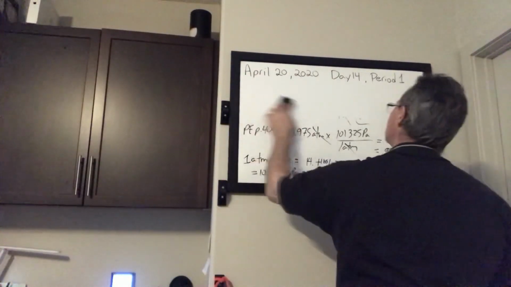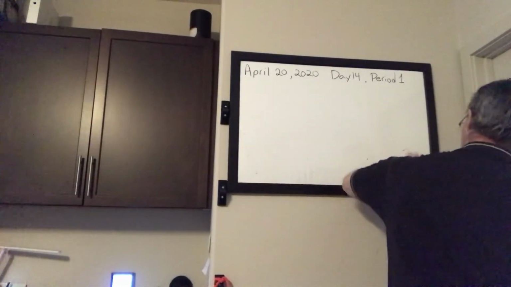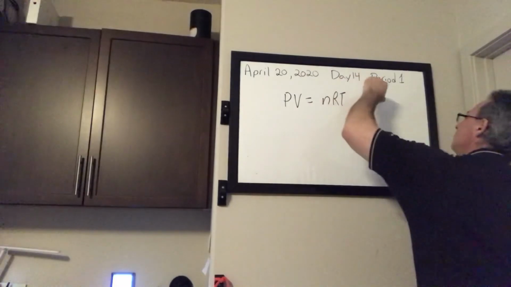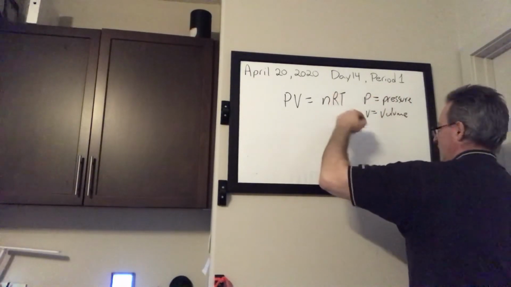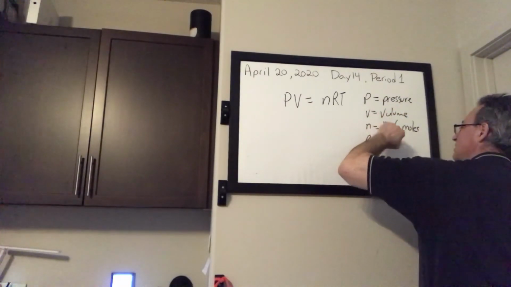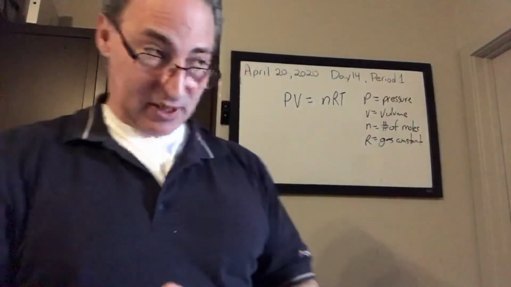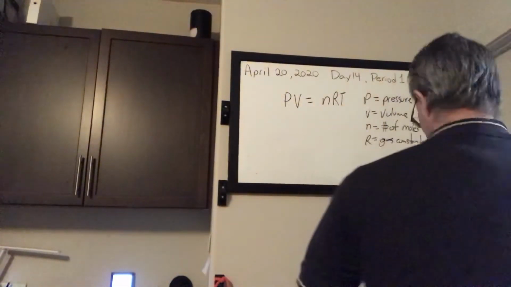So the ideal gas equation is this: PV equals nRT, where P is the pressure exerted by the gas, V is the volume the gas occupies or is confined to, n is the number of moles of the gas, R is the gas constant, which is basically a number that, depending on which units you're using for P, V, n and T, you'll get different numbers, because different units obviously give you different numbers. So R is meant to make all the units work out.